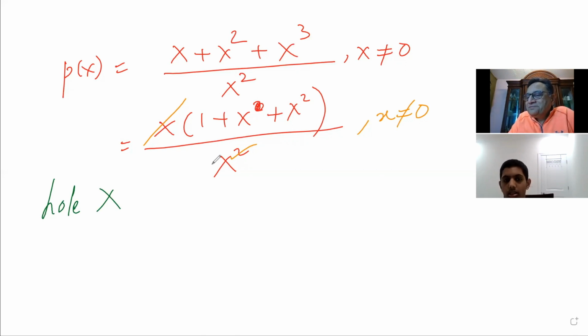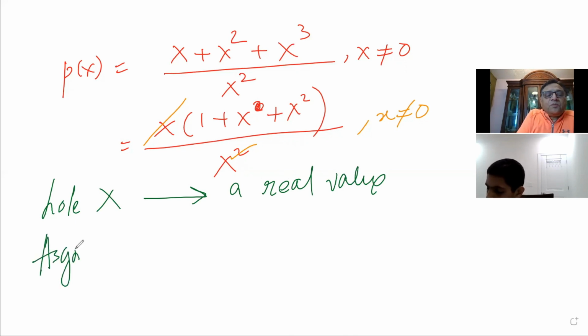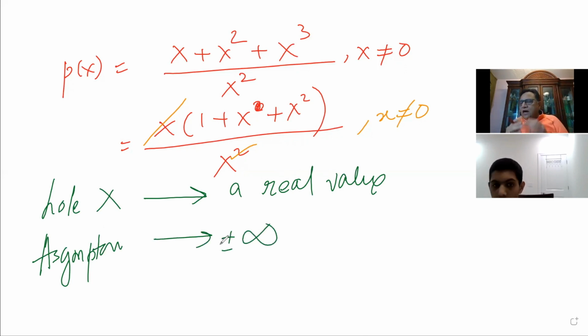You get the idea? The only difference is that in the case of a hole, it is approaching a real value, and for an asymptote, it is approaching an infinitely large value. That distinguishes whether we are going to have a hole or an asymptote.